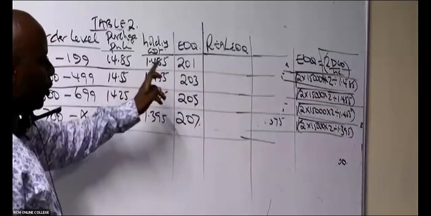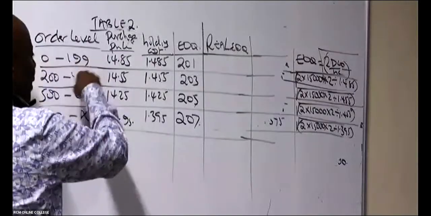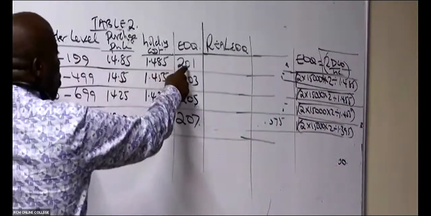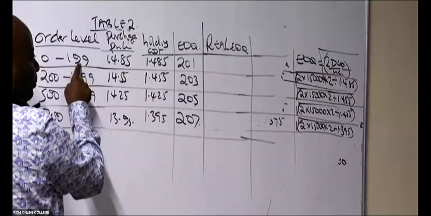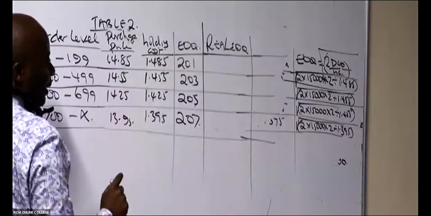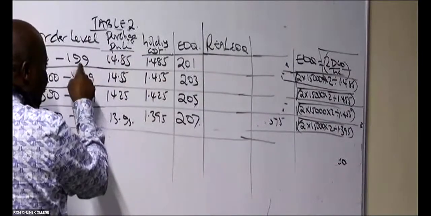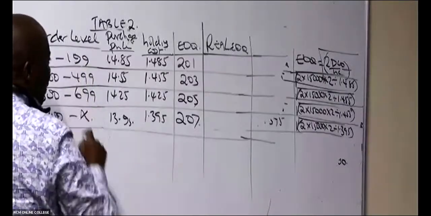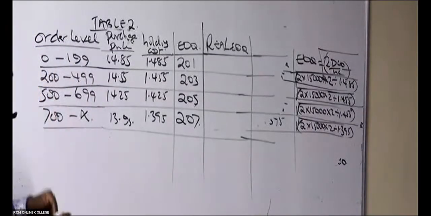If the EOQ calculated falls outside the range, if this EOQ computed is more than the upper limit, what should we do? Somebody who is able to remember those 3 conditions? Like now 201 is higher than this upper range value. What shall we do? Ignore.